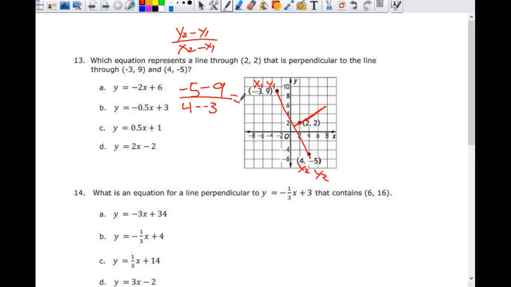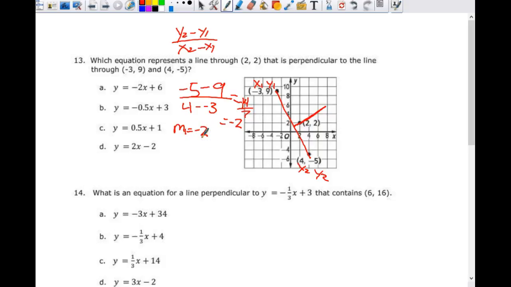So this is going to end up being negative 5 minus 9, which is negative 14. Negative 14 over 7, which simplifies to, so we know our first slope is negative 2.